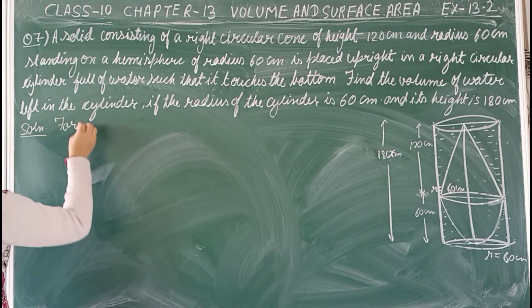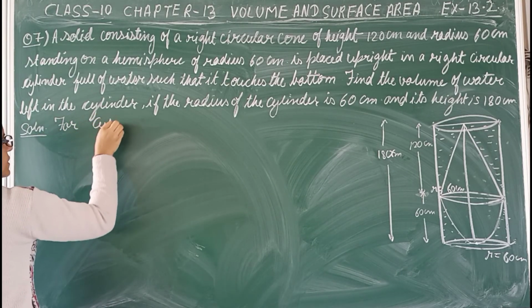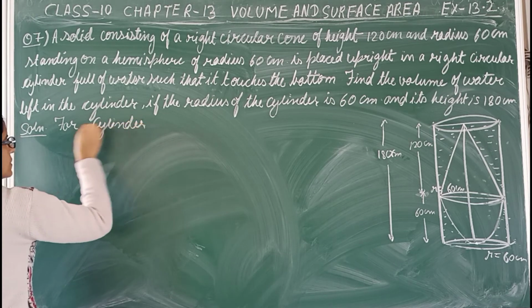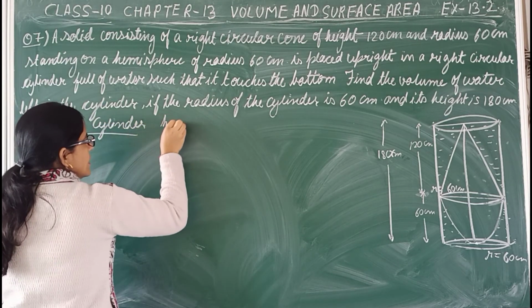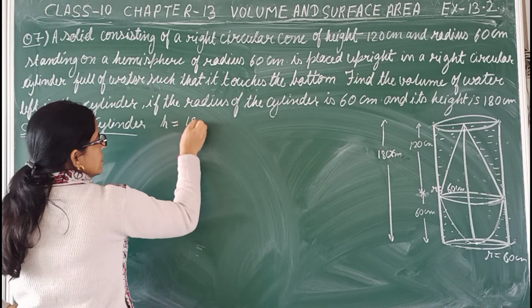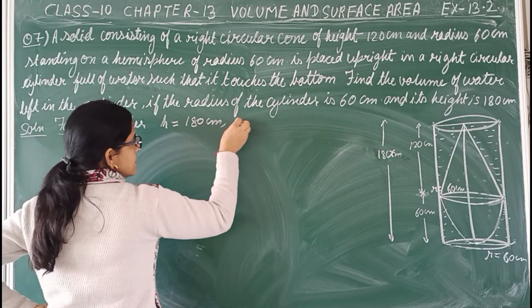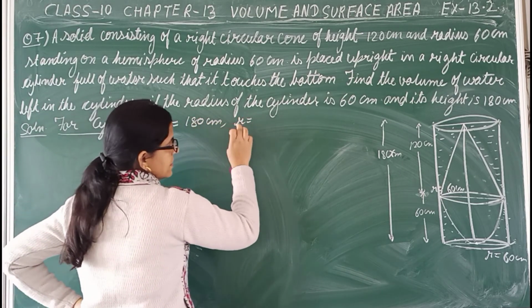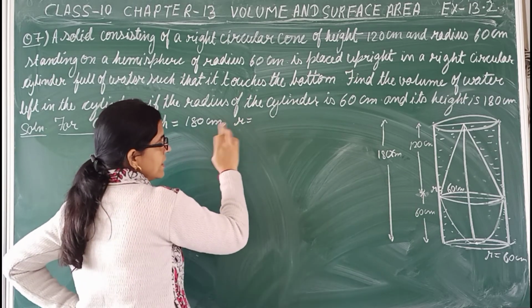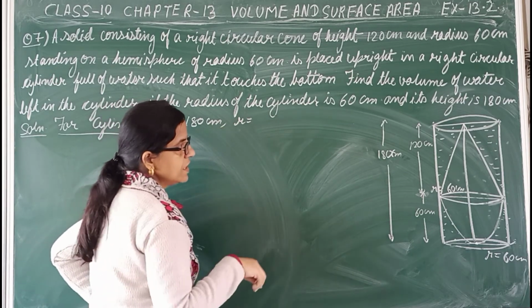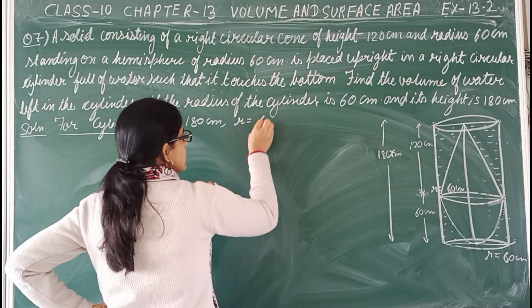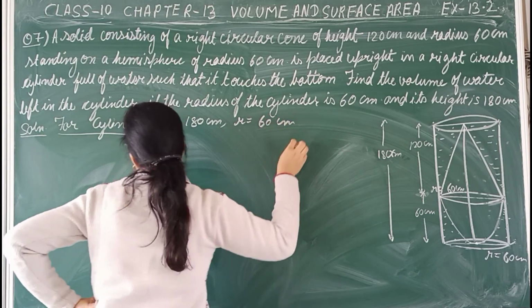For the cylinder, height h equals 180 centimeter, and radius, take small r for the cylinder. Radius equals 60 centimeter.